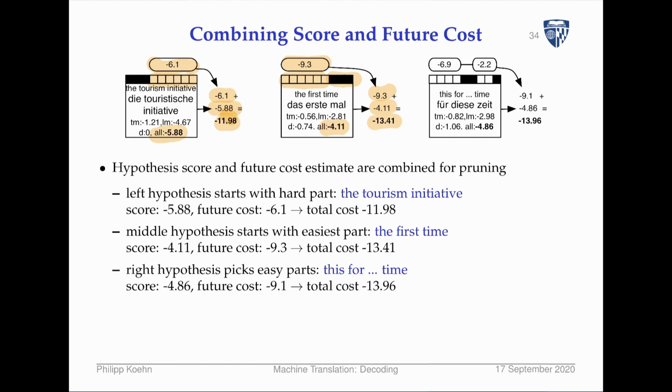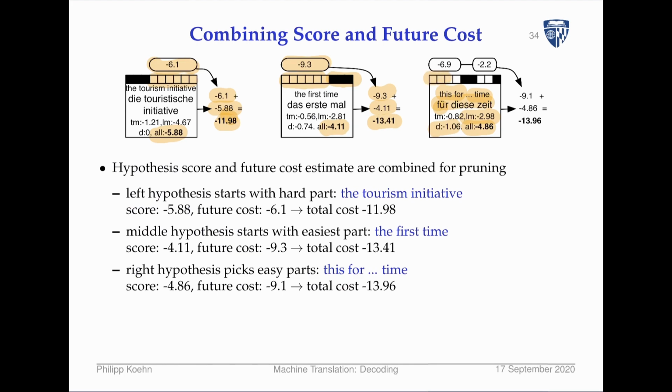Or here's another example where "for time" was translated as "for this time". It just really randomly picks up words out of the sentence that the language model likes. So the language model is pretty happy about this sequence of words. So the cost so far is not that bad, despite a fairly high distortion cost.